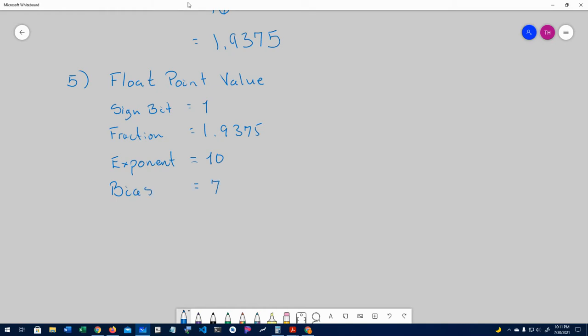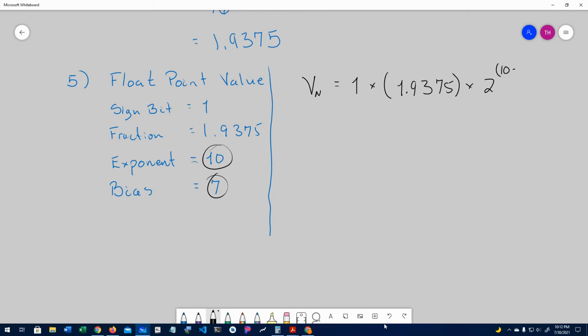Using that information, we can then use our normal calculation. The value for normal is going to be equal to 1 multiplied by the fraction value, which is 1.9375, multiplied by 2 raised to the binary value of the exponent, which is 10, less the bias, which is 7.